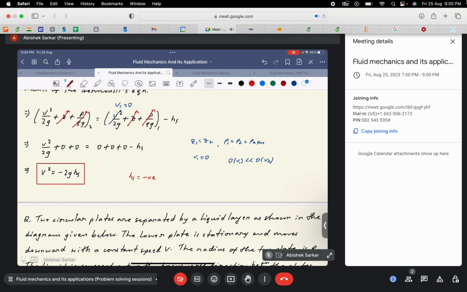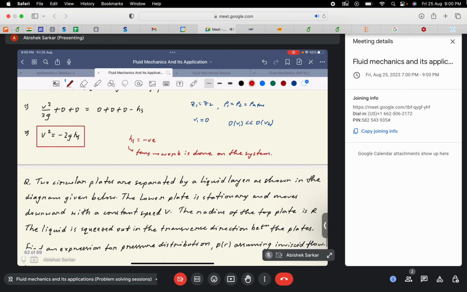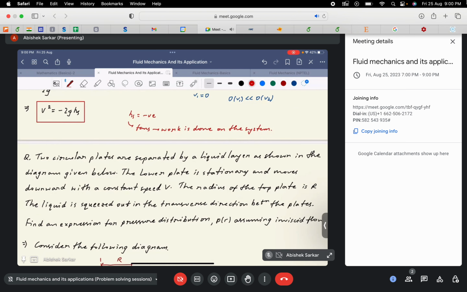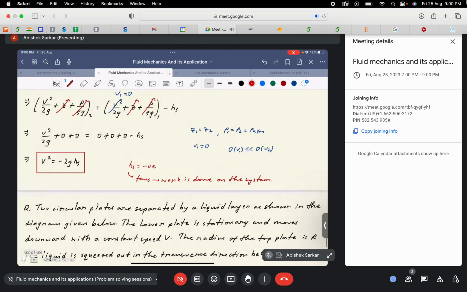So to maintain the homogeneity of the signs on both sides of the equation, hs must be negative, and that's why, for the case of fans, work is done on the system. Work is done on the system. Okay.